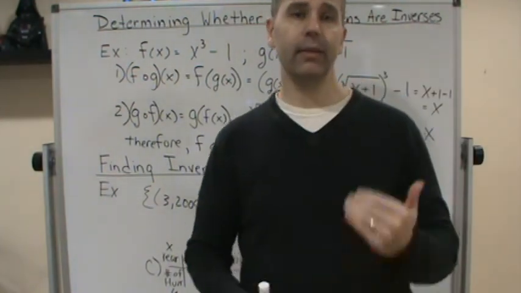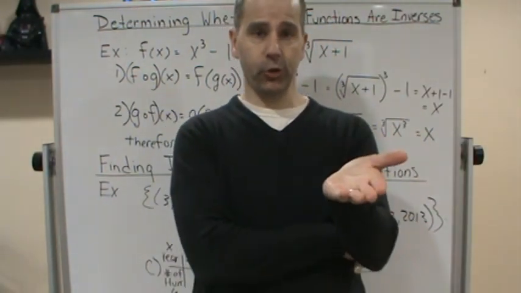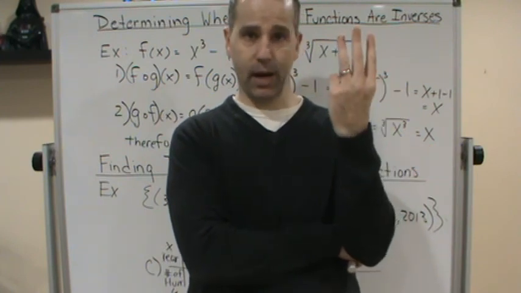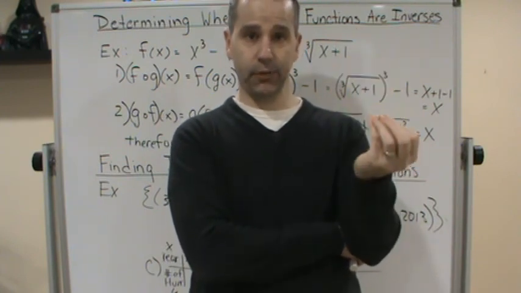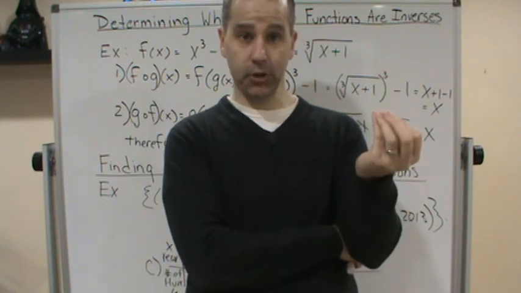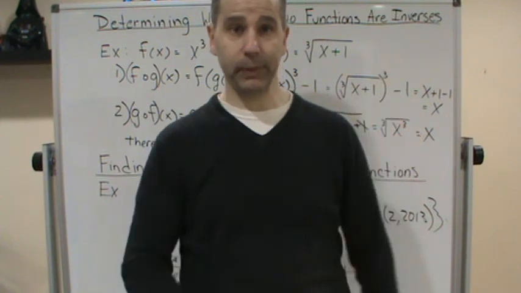Well, that's where in the next video I'm going to show you a step-by-step process. It's a very simple 3-step process to find the inverse of any one-to-one function. And so that'll be next. Thank you.